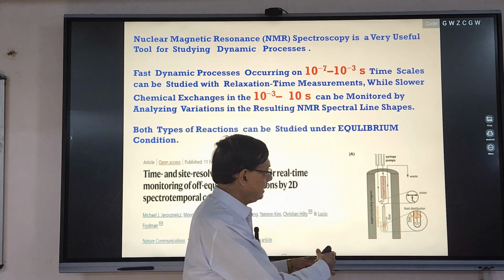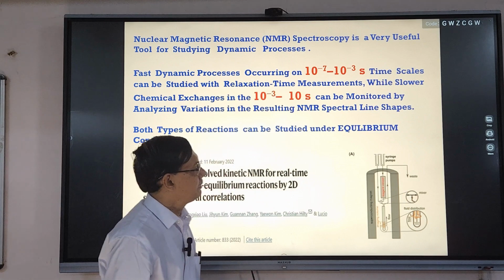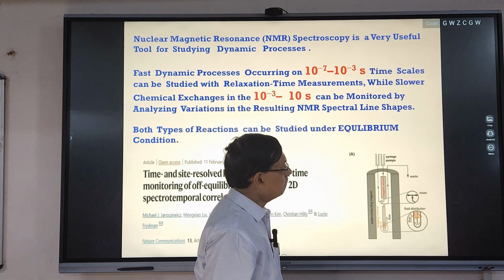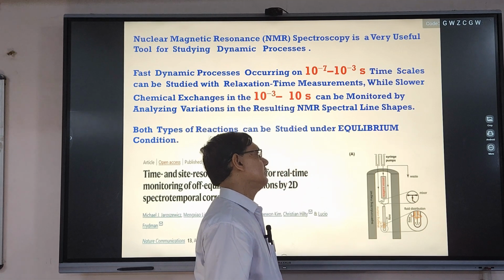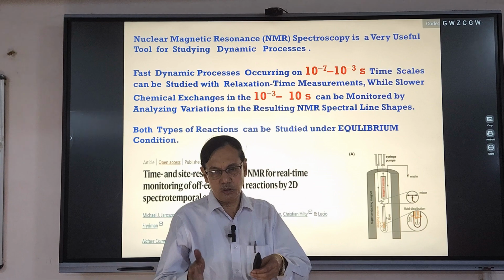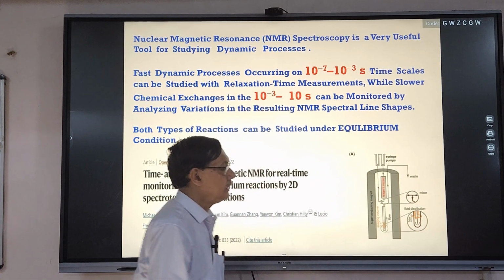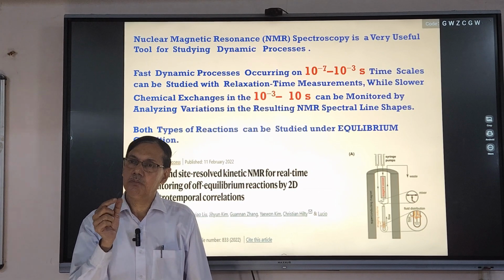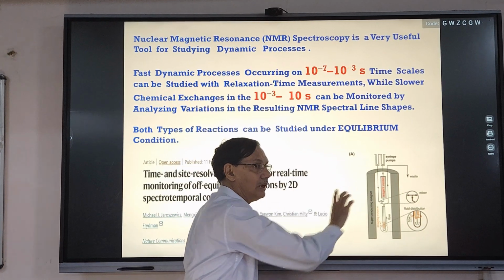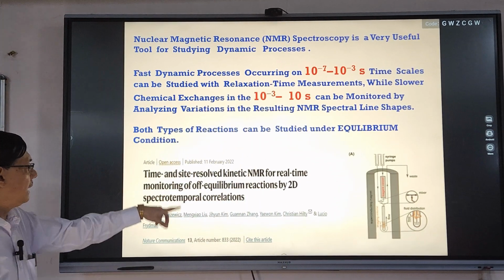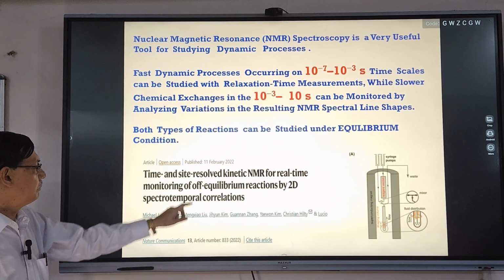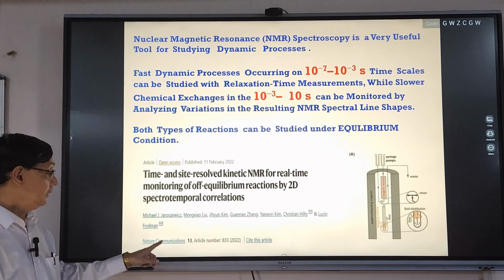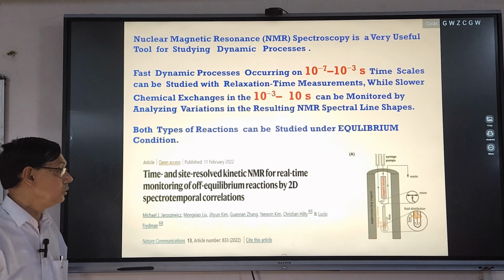So, suppose this is an NMR magnet and that is the reaction NMR tube. So, if the reaction is very fast, just like your fast flow or the stopped-flow technique, we need a special type of syringe pump so that the reaction mixture can be pumped directly to the NMR tube. That is the difference, and I am taking these photographs from this very important research paper that is published in another very good journal, Nature Communications, in 2022.